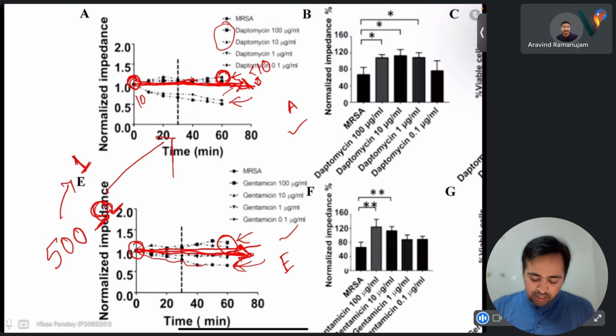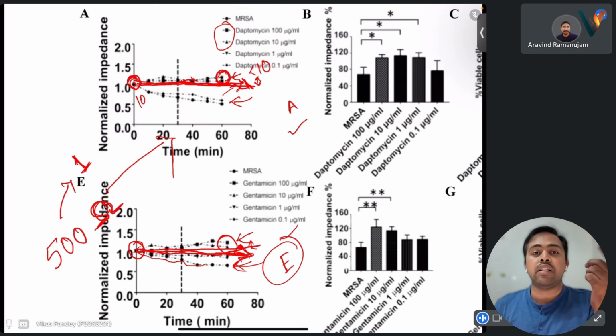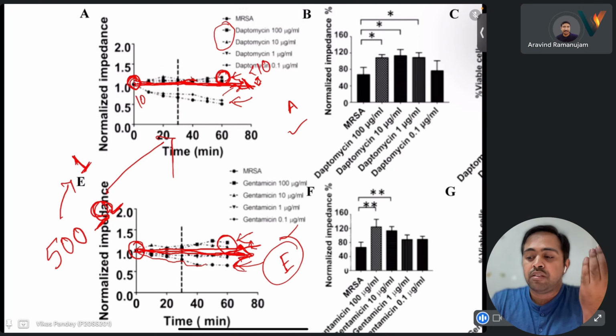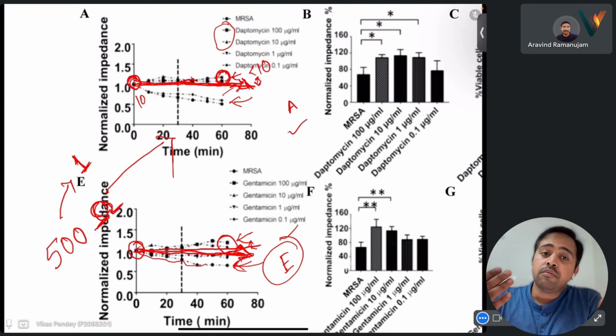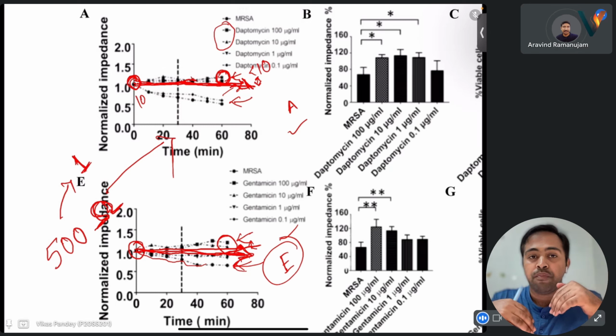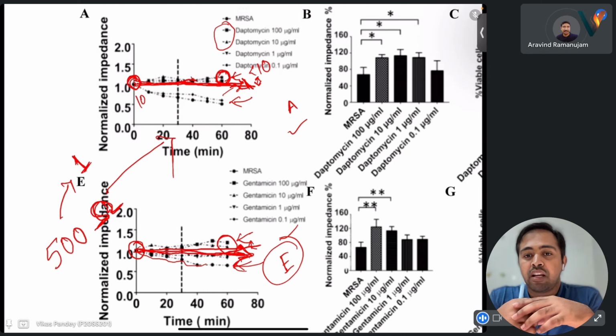Yes. In case of E, the difference is larger compared to A. That means this has been able to reach a higher impedance compared to A. That means the number of bacteria alive is lower in case of E compared to A. Higher the impedance, lower is the number of bacteria alive.